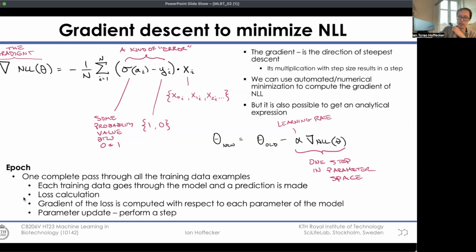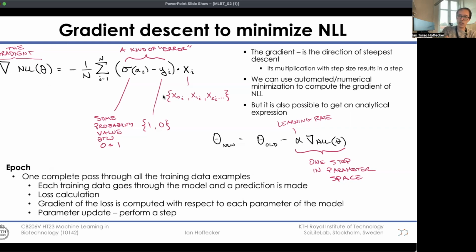And so here we can introduce the concept of an epoch. And the idea is that an epoch is an iteration in the training regimen. So it's one complete pass through all the training data examples. So it starts by going through the model and producing a prediction, and then computing a value for the loss function, so the negative log likelihood, that you would then use to compute the gradient.